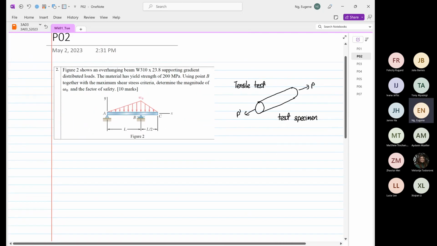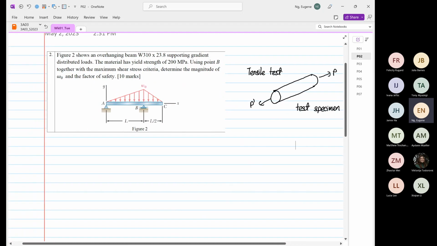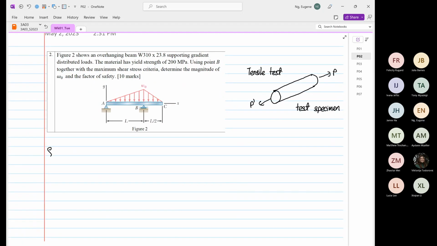So what we see on the left-hand side is the structure. On this diagram over here, the structure, or I won't call it the material, is under normal and shearing stresses.